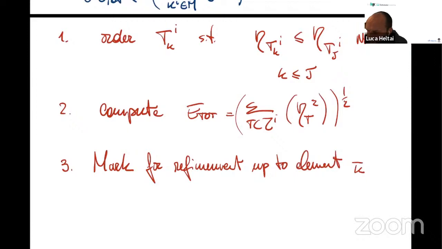So probably this would have been better to do in the other direction. So let's say j smaller equal k.